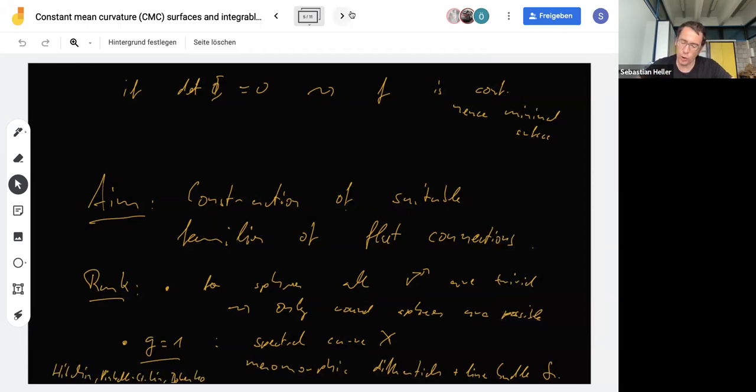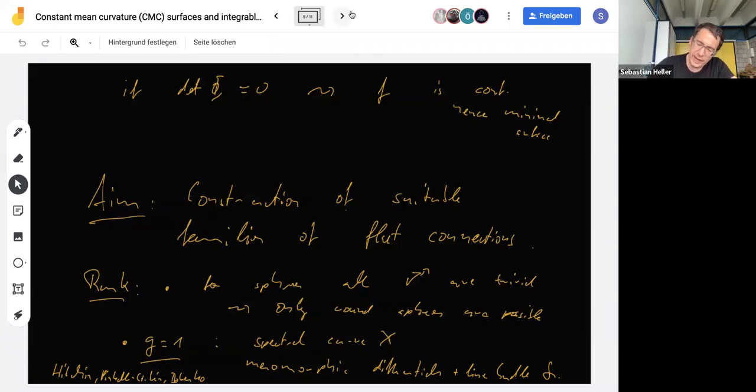There's this algebraic curve X, there are these specific meromorphic differentials satisfying some additional properties, like certain integrals need to be integer valued, and a line bundle which needs to satisfy a reality condition. And then in terms of these data, it's possible to write down the families of flat connections. But unfortunately, or somehow, not so surprisingly, this approach doesn't generalize to higher genus surfaces.